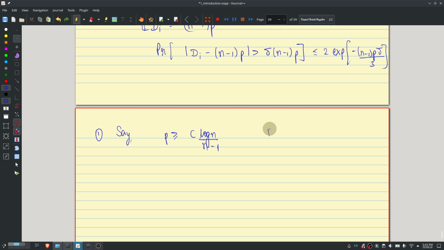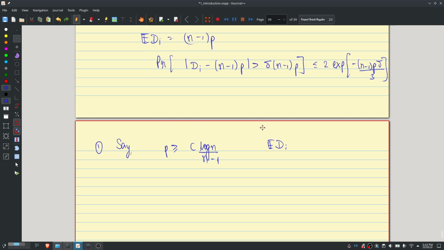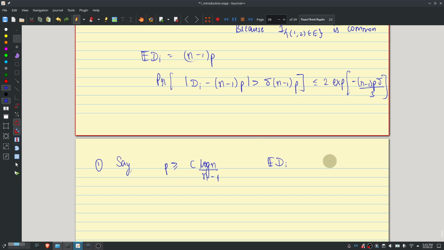Then what can you say about the expected degree of the ith vertex? Right, it's at least c log n.